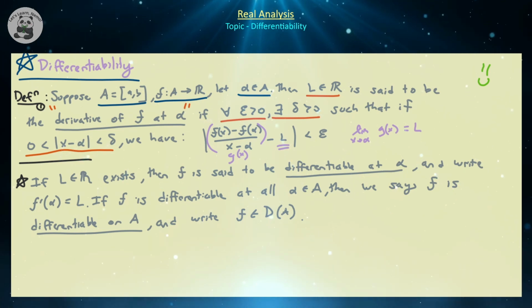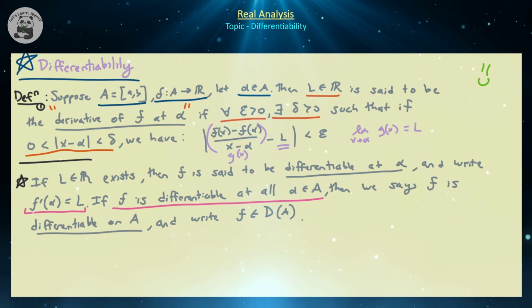So if L exists, then we say that f is differentiable at that point alpha, and we're going to write that f prime of alpha is equal to L. Also, if f is differentiable at all points in its domain, then we say that f is differentiable on its domain and write that f belongs to the set of differentiable functions on that domain.